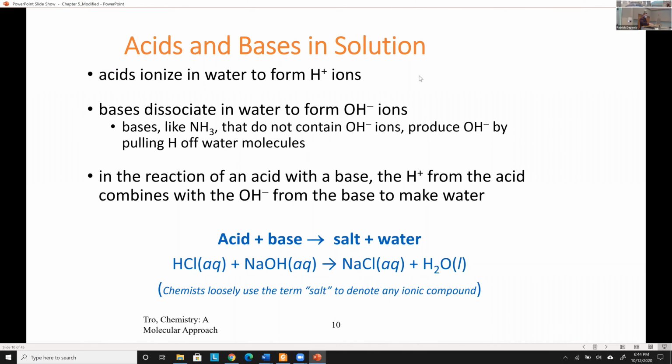Okay, so last thing on the slide is when you add an acid and a base together, it always creates a salt and a water. So this is an acid-base neutralization reaction. Very similarly to what we're going to learn today about precipitation reactions, the anions and cations will switch in the reaction and something new will be produced.